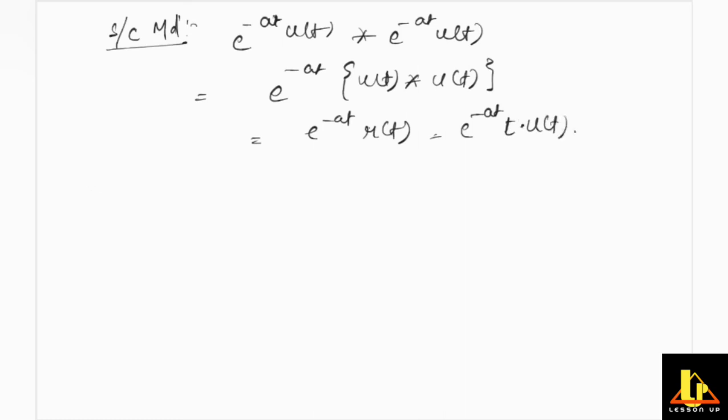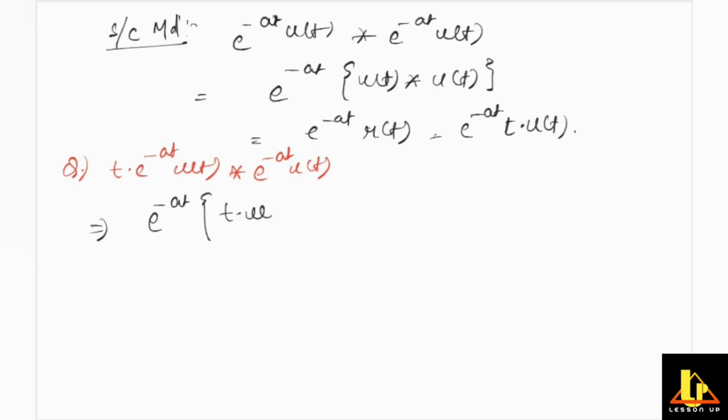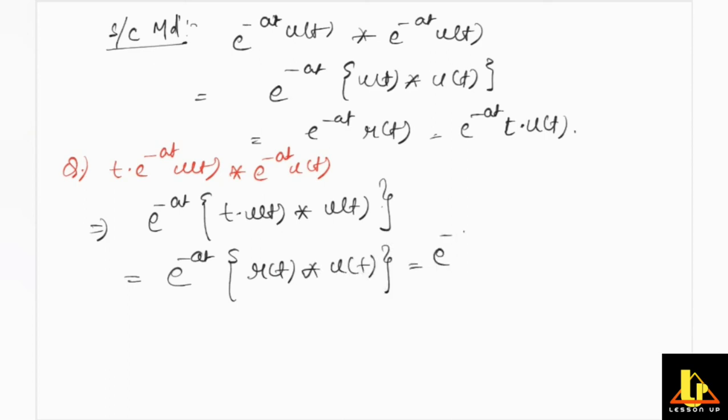Okay. Similarly, t into e to power minus at u of t convolution e to power minus at u of t, then e to power minus at t into u of t convolution u of t, and e to power minus at, what is t into u of t, that is r of t, ramp, convolution u of t, and e to power minus at, what is the convolution of ramp and unit step, that is parabolic p of t.